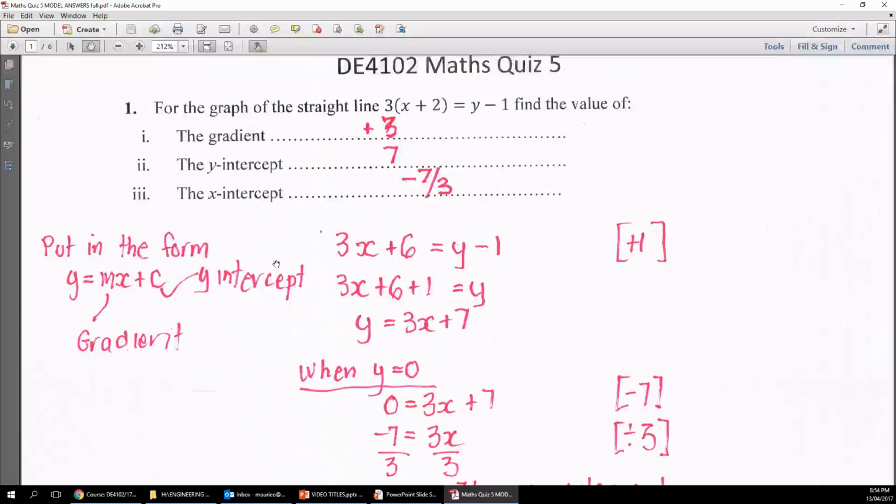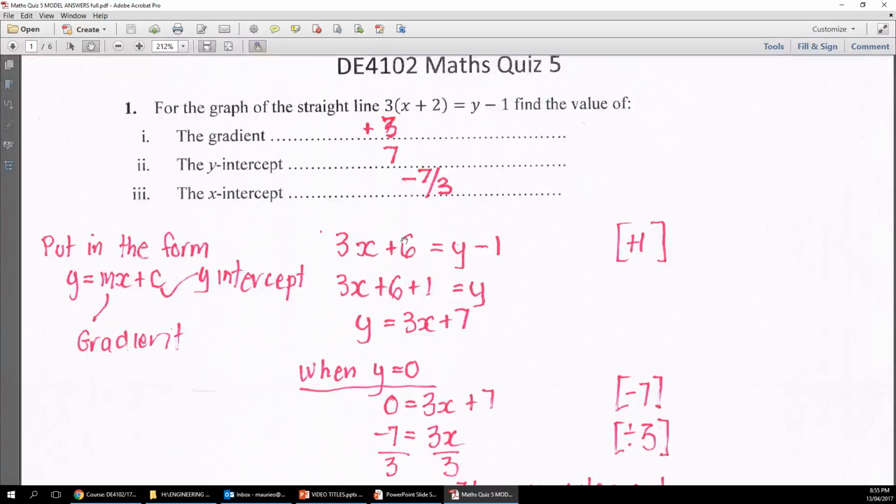Now, probably the easiest way I know to do this is to put the graph into the form y equals mx plus c, where m is the gradient and c is the y-intercept. And then we're in a position to work out the x-intercept with the various tools that we had. So first of all, we can just write it down in an expanded form.